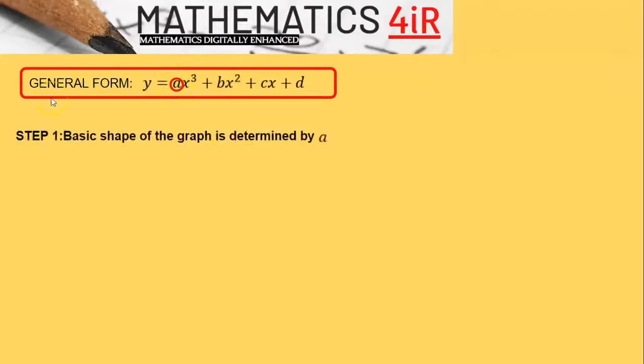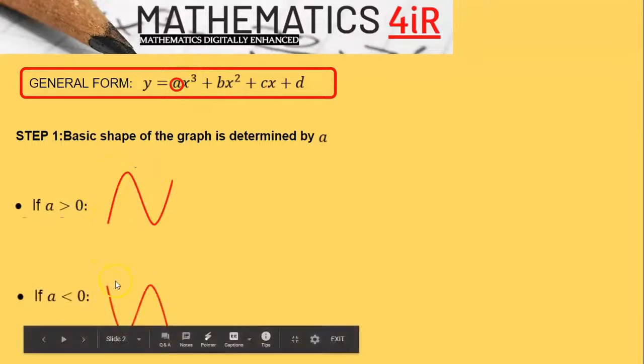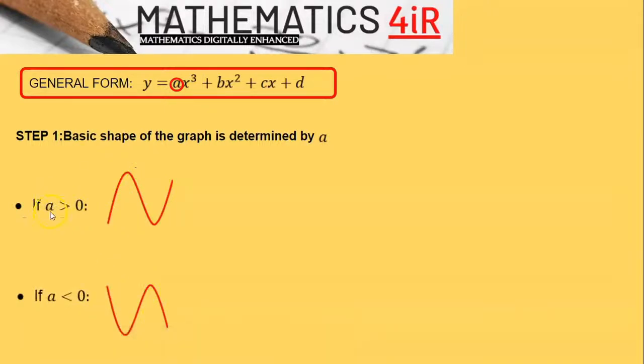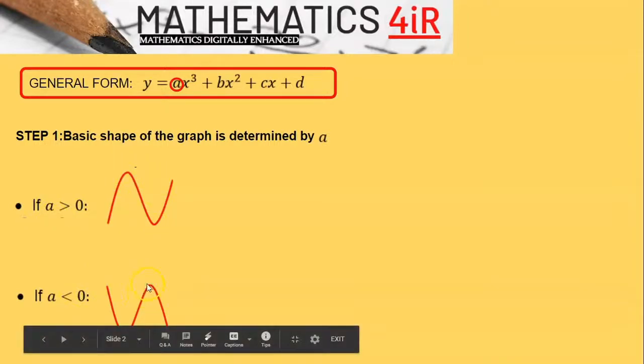So the first thing we would like to identify is our basic shape of our graph, and this is determined by a, hence the fact that I've mentioned the significance of a. So when a is greater than 0, this is the shape of our graph. When a is less than 0, this is the shape of our graph. So we can also say when a is positive, this is the shape of the graph, and when a is negative, this is the shape of the graph, because all positive values are greater than 0 and all negative values are less than 0.